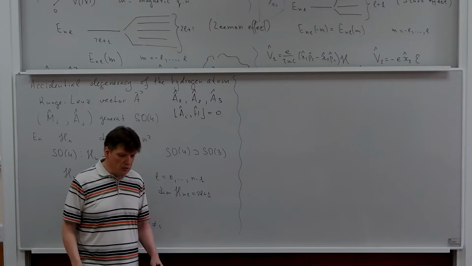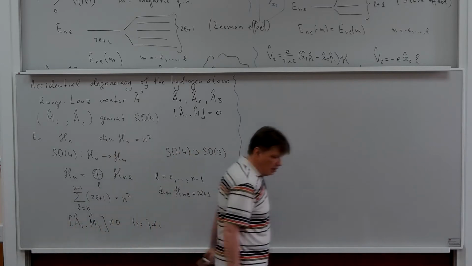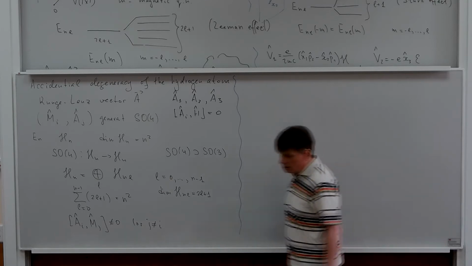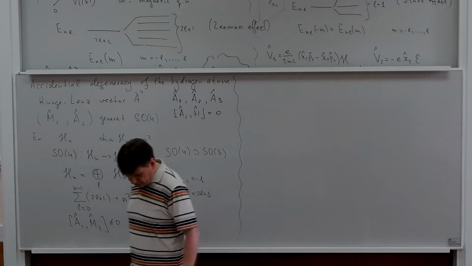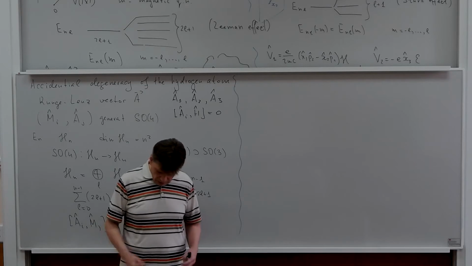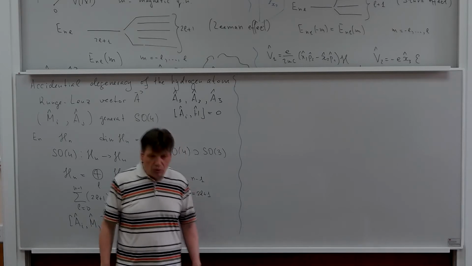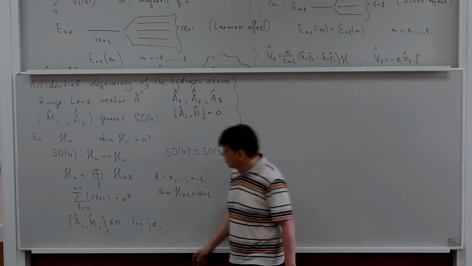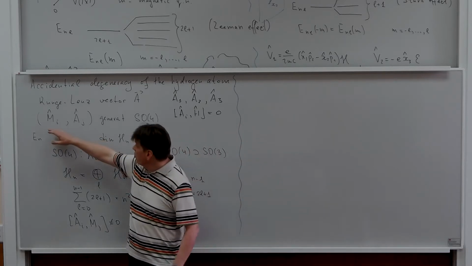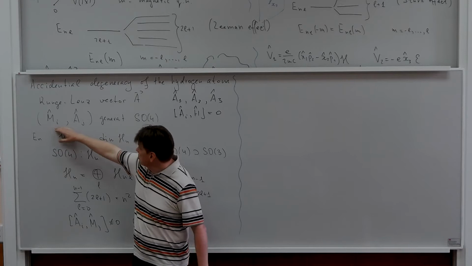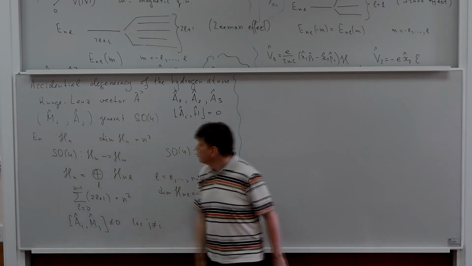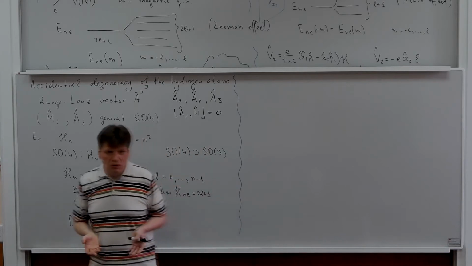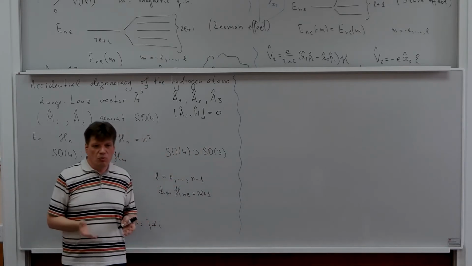This will be the content of the next semester on group theory, where we will discuss the algebras and their relationship with Lie groups. But for now, the generators of some continuous symmetries are, for us, just integrals of motion of the problem under consideration.